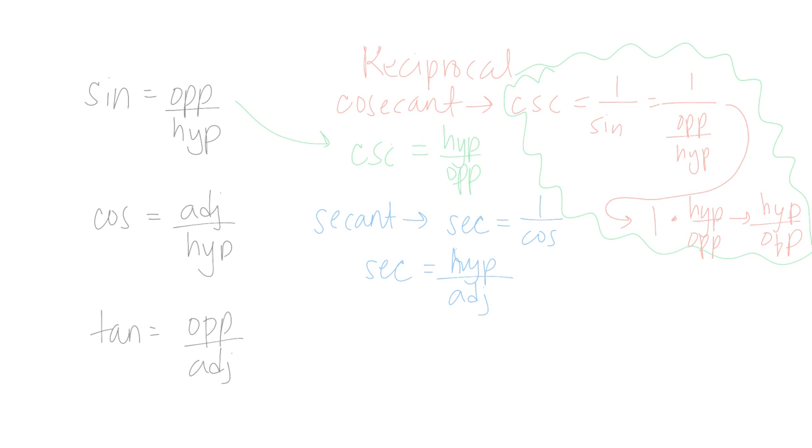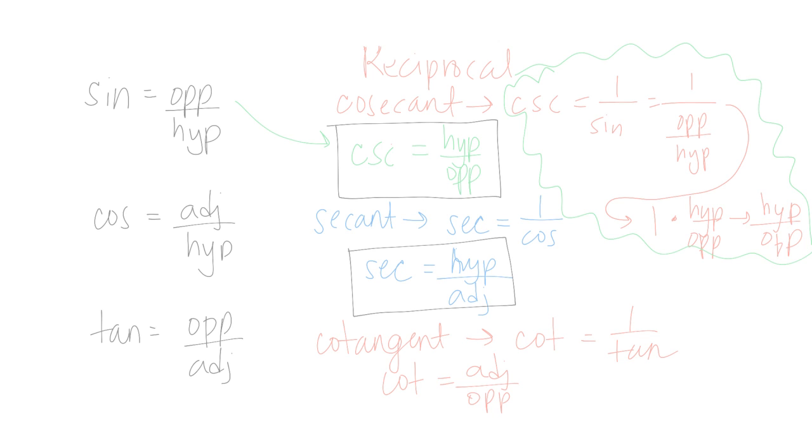And then the last one, tangent, the reciprocal is cotangent, and the way that we abbreviate that is COT. Again, it's the reciprocal, so it's 1 over tangent. You could do all the work and you'll end up getting that cotangent equals adjacent over opposite. Okay, so these are our new trig functions, cosecant, secant, and cotangent, and their definitions.